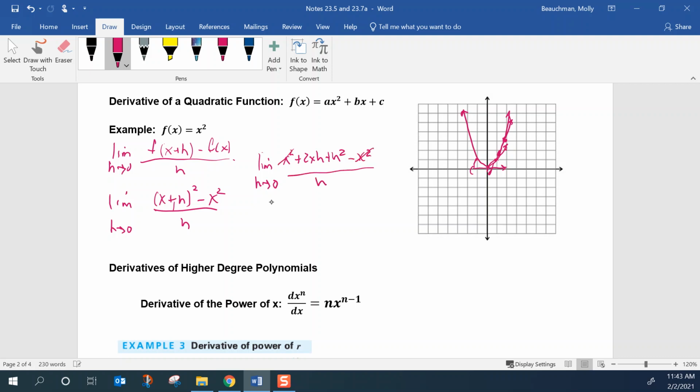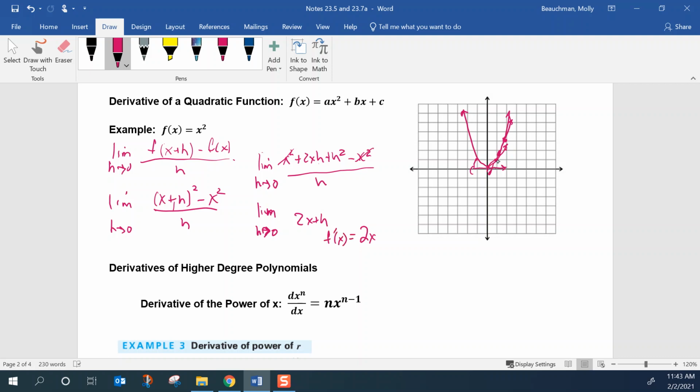The x squareds would cancel each other out. The limit as h approaches 0 of this function, we could divide each term in the numerator by h, and we're left with 2x plus h. And the limit as h approaches 0 is 2x. So f prime, the derivative, is 2x.